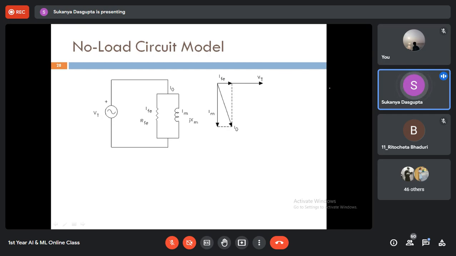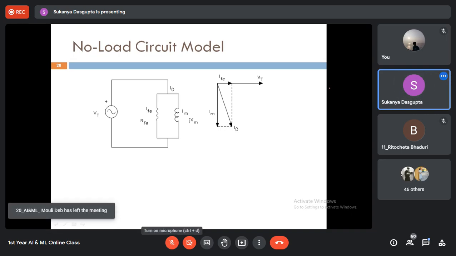Though in case of transformer operation, it is always recommended not to open the secondary terminals, right? It is desired that the secondary side is always connected with some load, because if you leave the secondary side open, then there may be some hazardous effect.